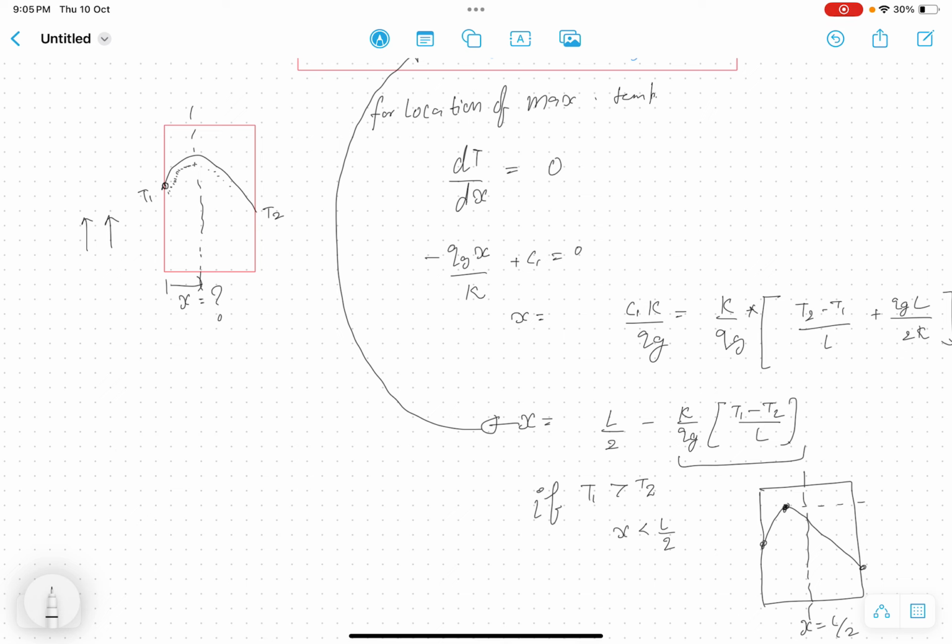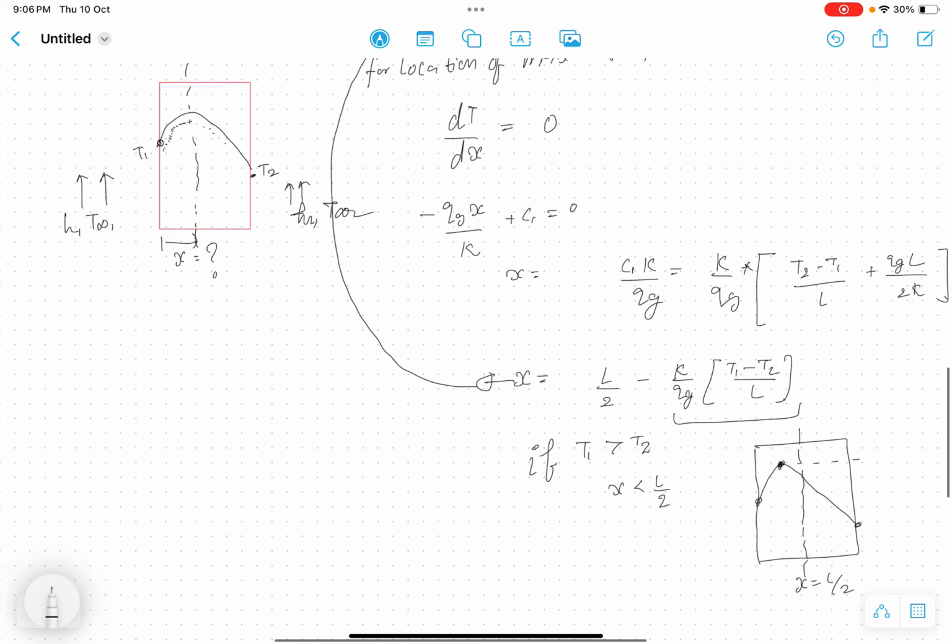And these two walls, the T1 and T2 walls, will have higher temperature or lower temperature depending on the fluids they are facing, right? Let me explain what I mean by that.